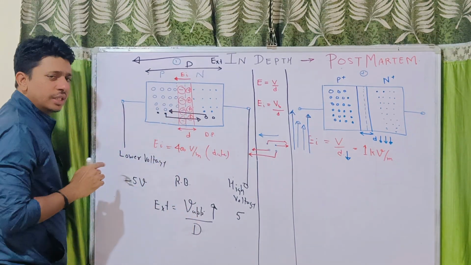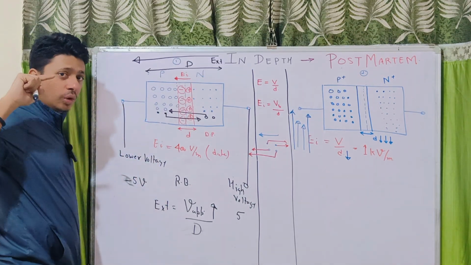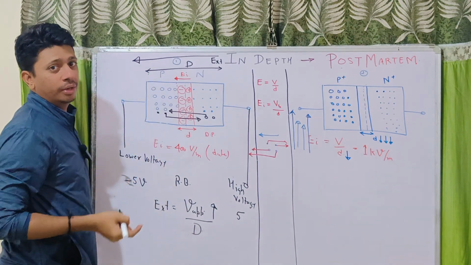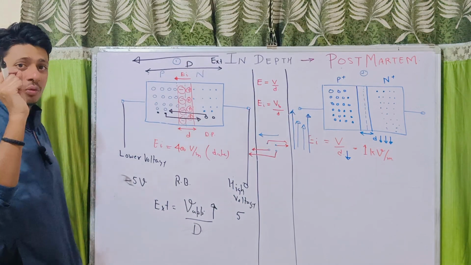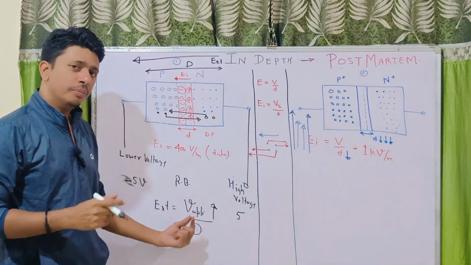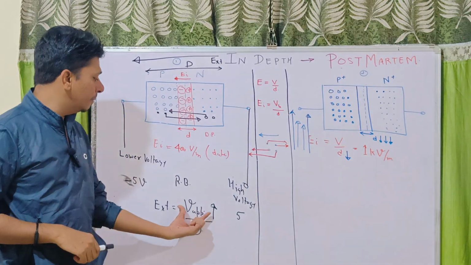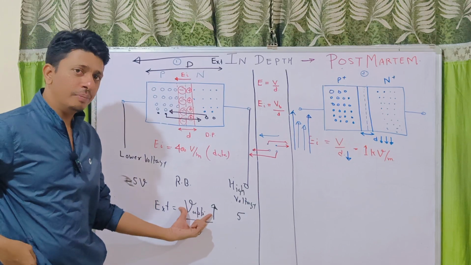While moving, this electron has so much energy that it will collide with the covalent bonds and start breaking them. This will happen at a particular voltage we applied, and that voltage is called the avalanche breakdown voltage. Clear?